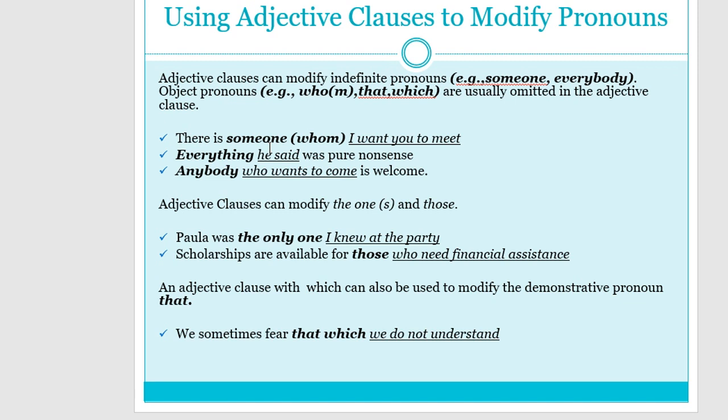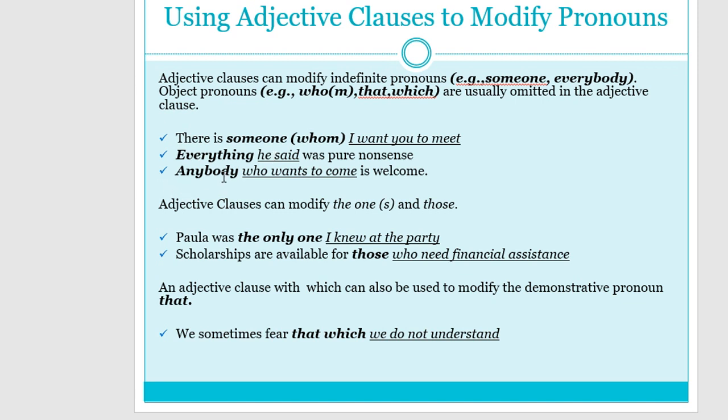If you say he, you are using a definite pronoun, but for an indefinite pronoun we can skip adding the relative clause. So I can say, there is someone I want you to meet, or everything he said was pure nonsense.